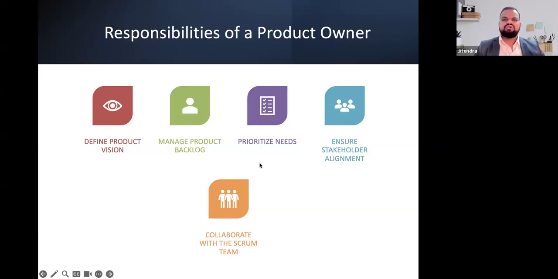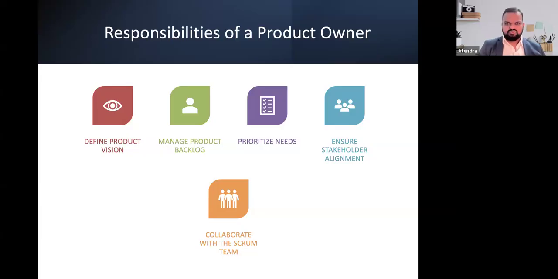Next one over here is, as a PO, you are going to collaborate with the Scrum team, with the Scrum Master, with the developers, QA, everyone. If they have any specific question or clarification, you are the one going to solve the queries.